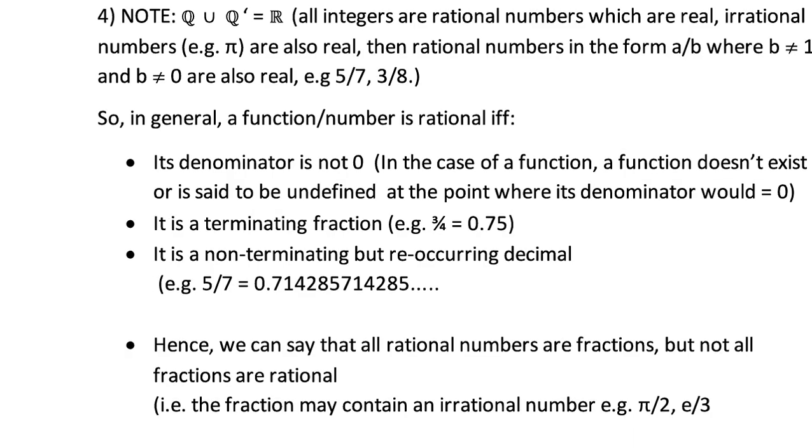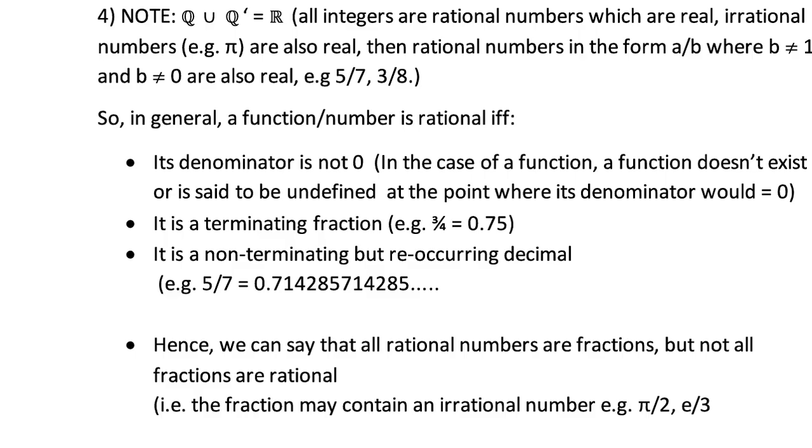In the case of pi over 2, pi in the first place is what? Not rational. If you check the value of pi in your calculator, it is equal to 3.14159265358979323. You can see that it is non-terminating and there is no reoccurrence, because you can see 1415, there is no sequence that repeats itself here, right?